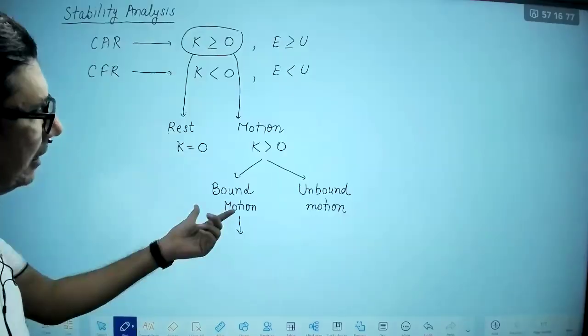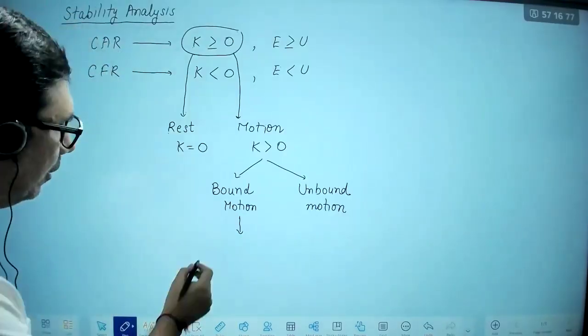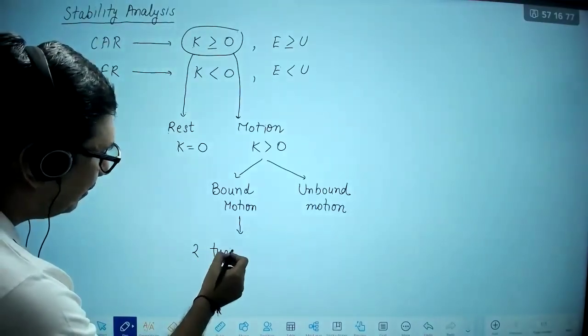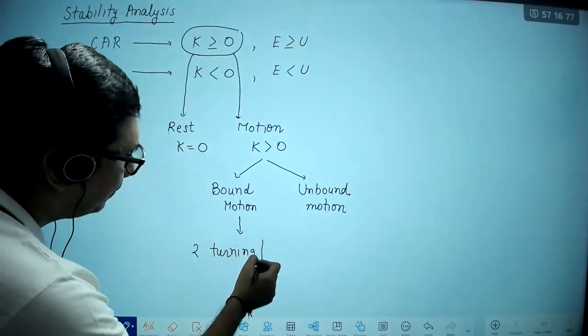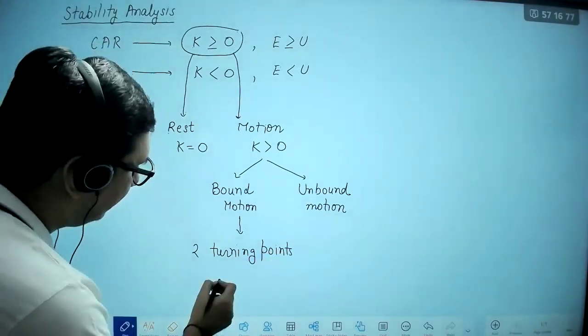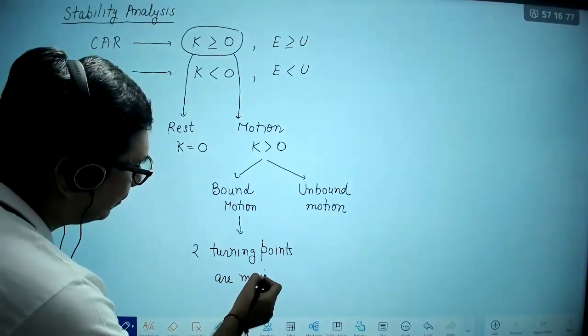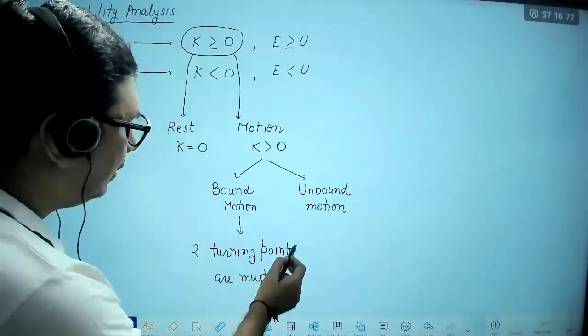So in the case of bound motion, two turning points are a must.